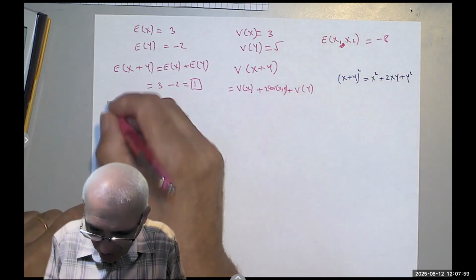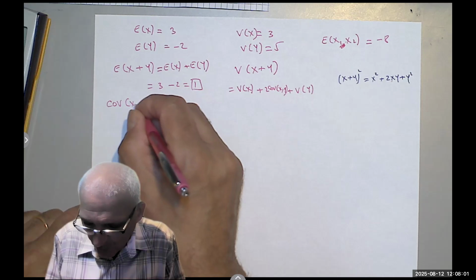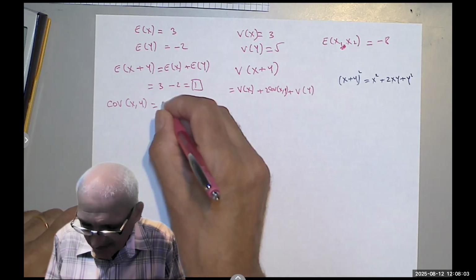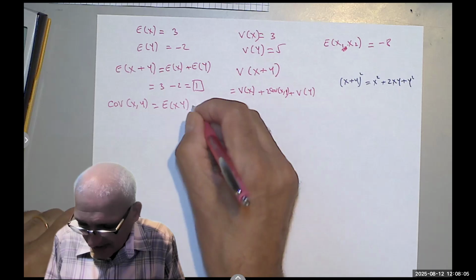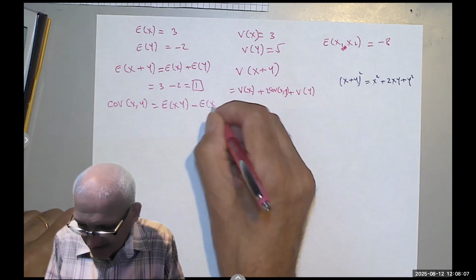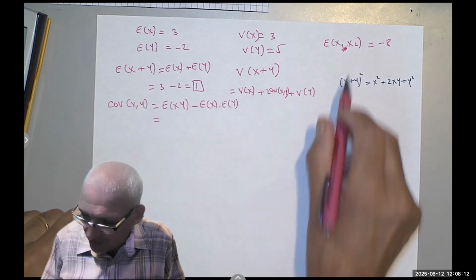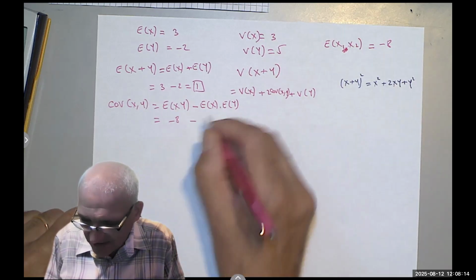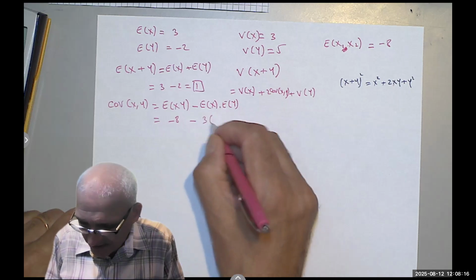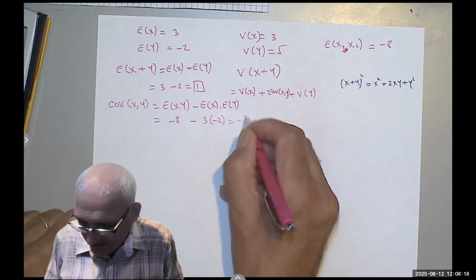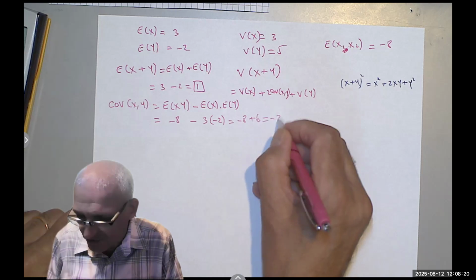We knew that the covariance of x and y equals the expected value of xy minus the expected value of x times the expected value of y. So it equals -8 minus 3 times -2 equals -8 plus 6 equals -2.